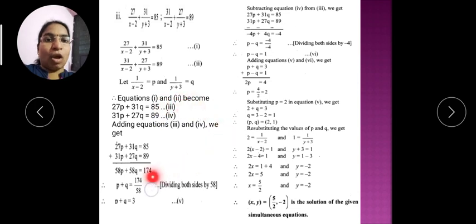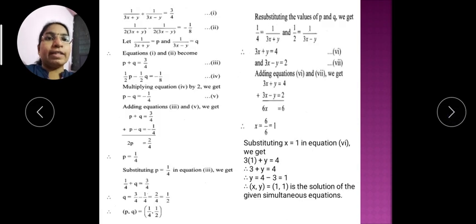After making it, solve. After solving, you will get the value of variable p and q. After getting the value of p and q, substitute this value in the original, whatever you are considering in that equation, and then solve this equation. You will get the value of x and y. Same way, this is the fourth question.